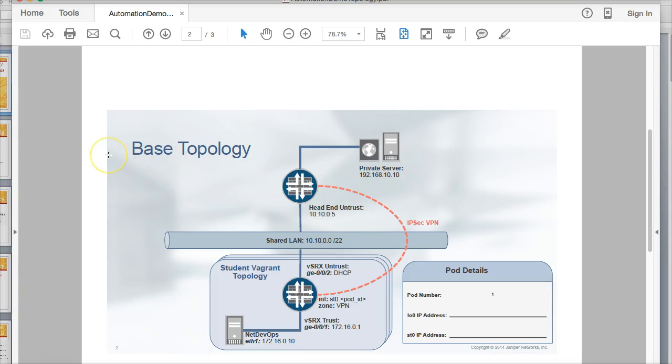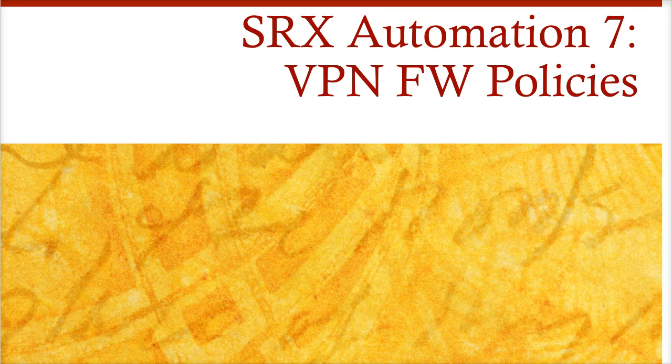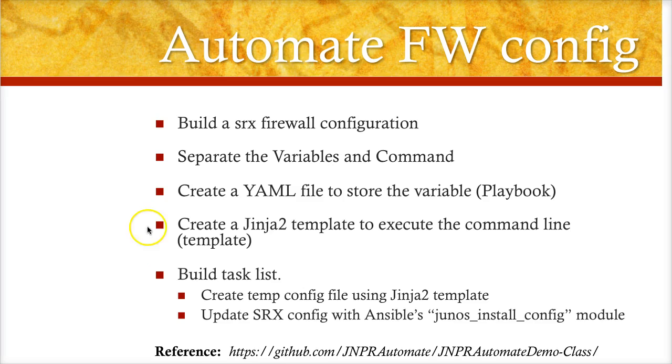A couple videos ago, we had a lab where we built a basic firewall policy. So today's lab is basically the same as the one we built, but we change some of the parameters.